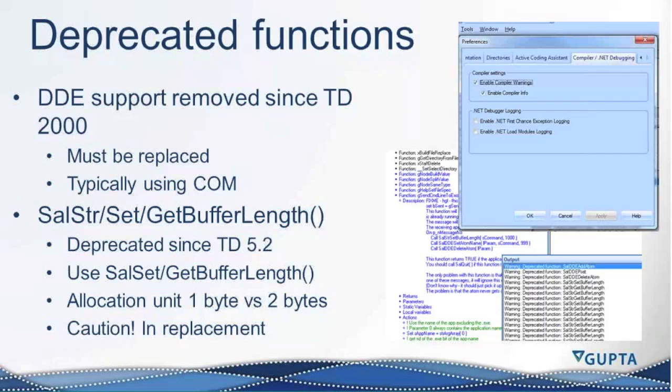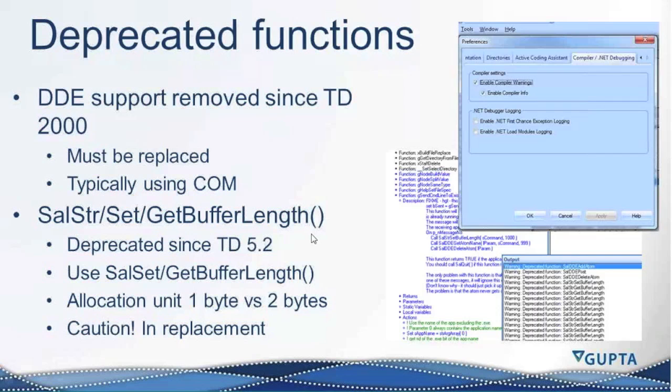Another thing you can do when compiling is to set a compiler setting to enable compiler warnings. This will give you all the warnings if you have deprecated functions that you need to take care of. This is one of the neat tools that you can use.